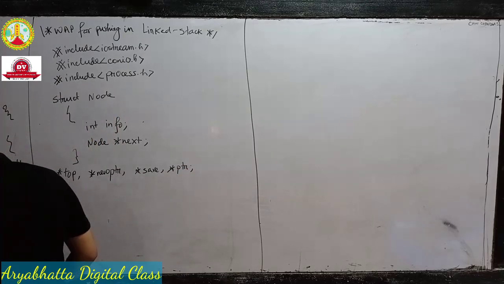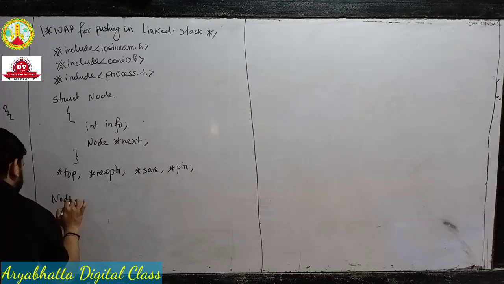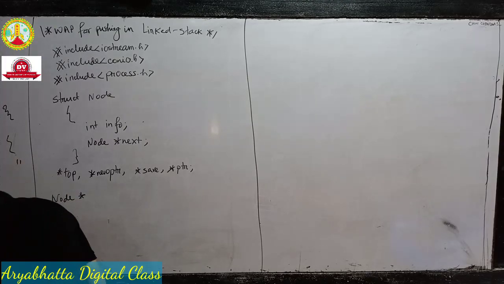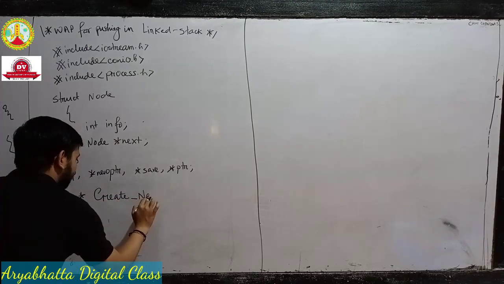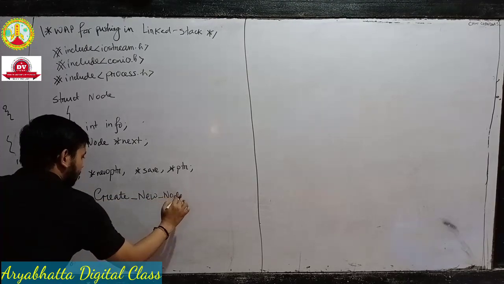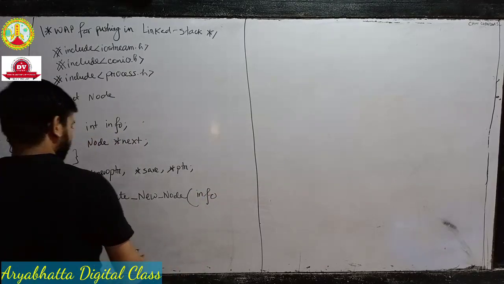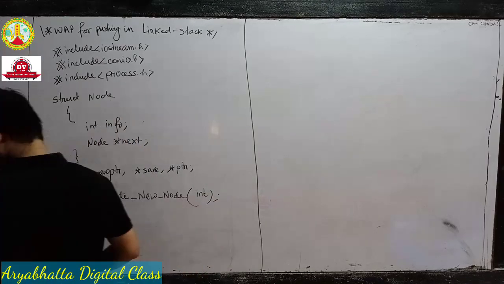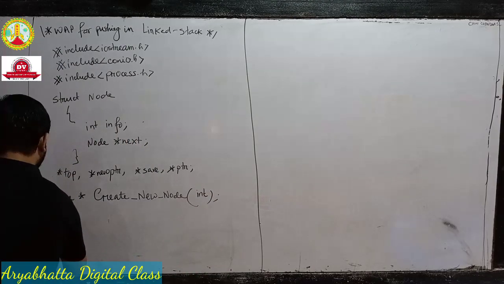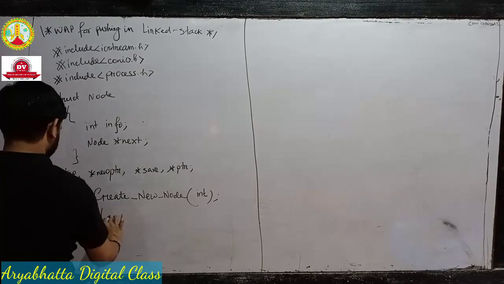BTR, right? And now we have to give the member function. Node, create new node. Create underscore new node, under we will give the info part, means int, and we use two member functions in here, push and display.